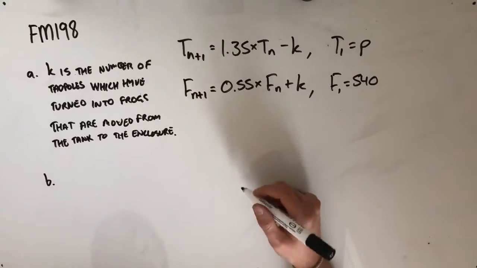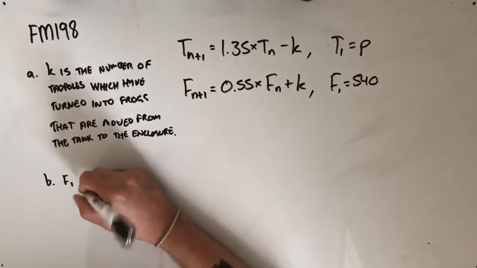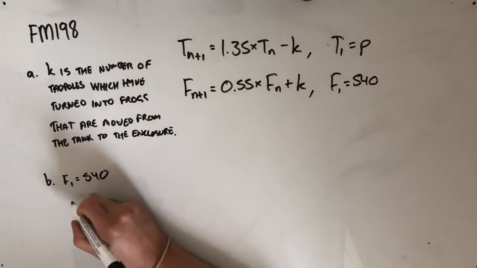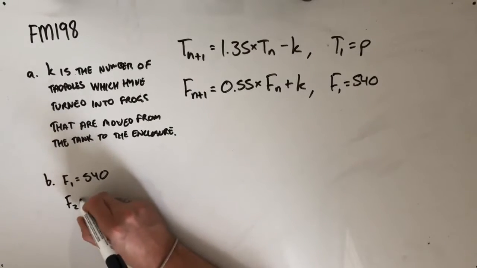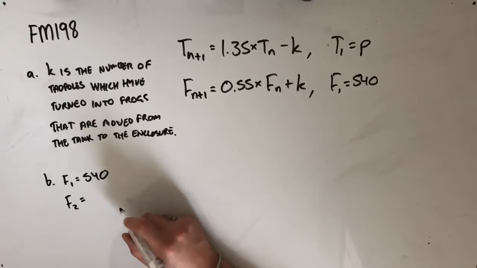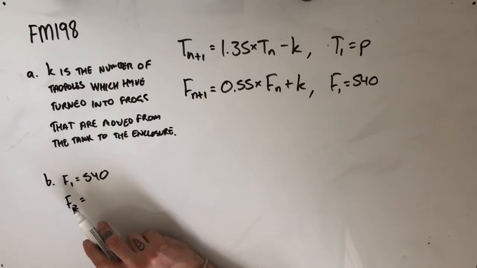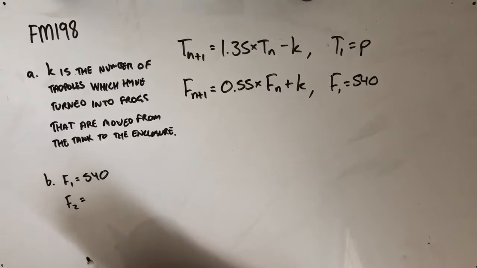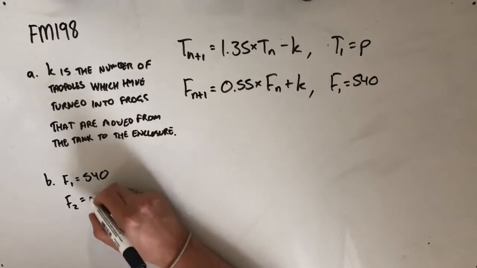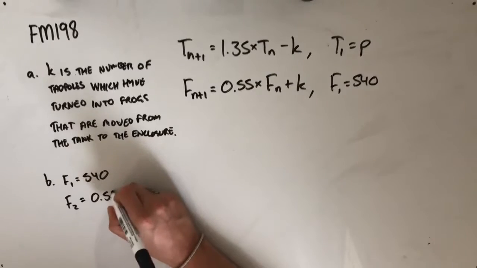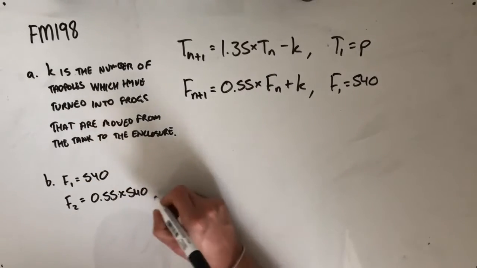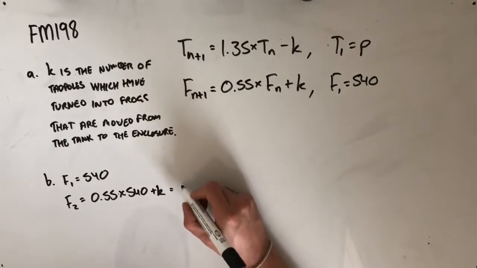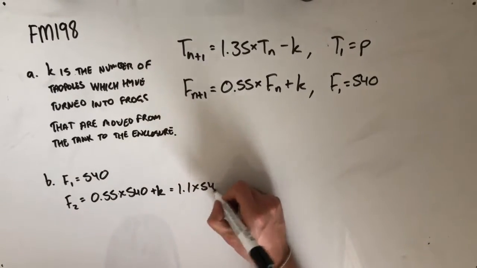So what do we know about the frogs? Well, we know that the number of frogs after the first month is 540. And we can calculate the number of frogs at the end of the second month, because we were told that we're trying to find the value of P that's going to result with 10% more frogs in month 2 than month 1. So we could have an equation that says 0.55 times 540 plus k, we still don't know, and we know that this is going to be equal to 1.1 times 540.